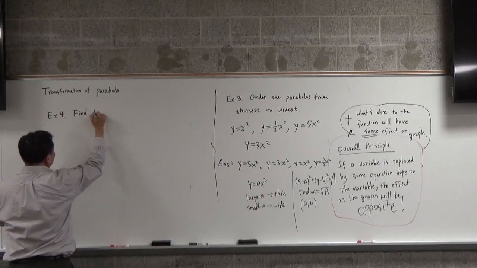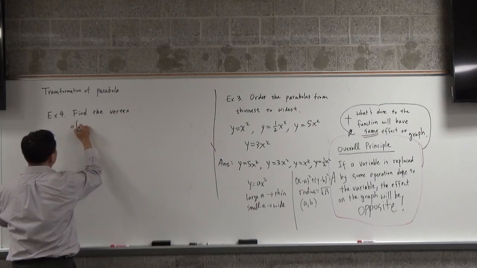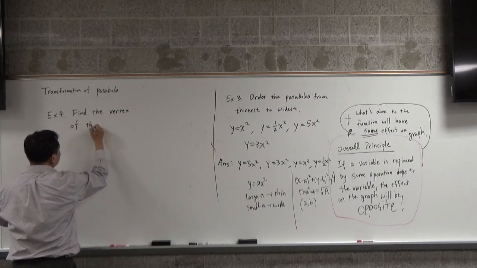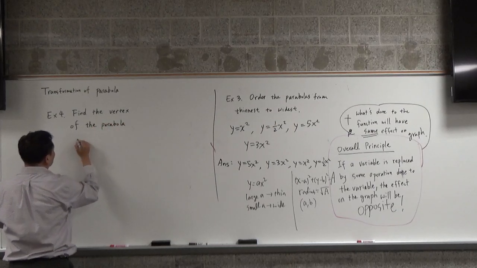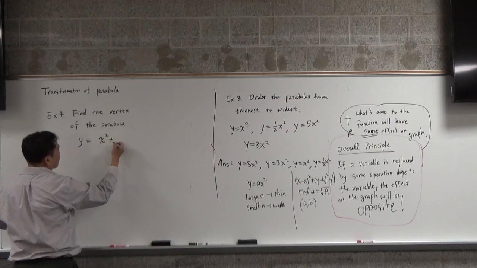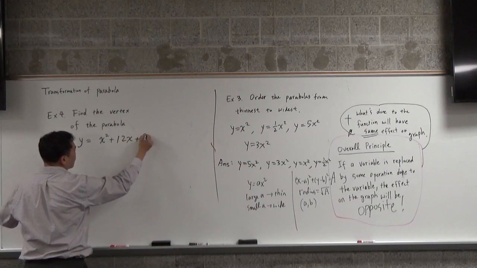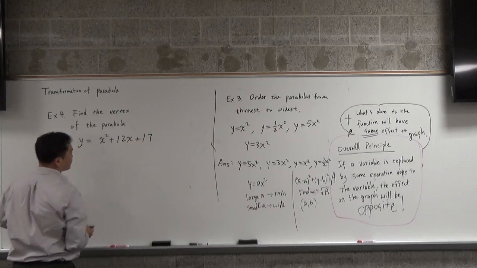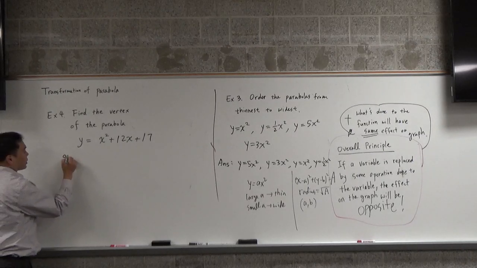Find the vertex of the parabola y equals x squared plus, let's say, yeah, let's put something like 12x plus 17. Okay. And graph it.